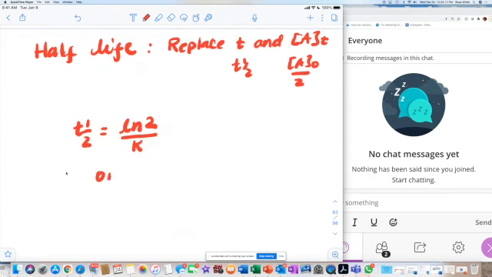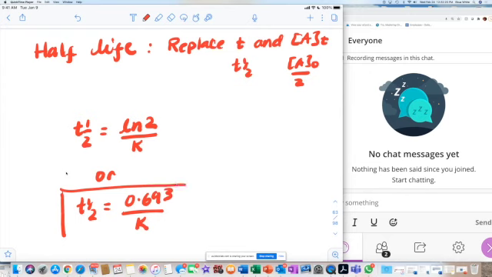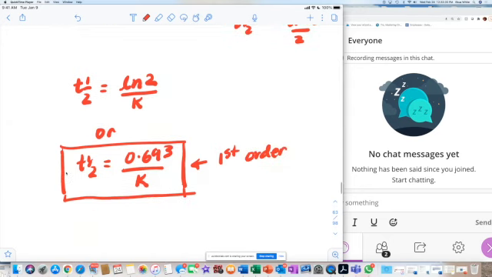This is commonly written as the half-life equal to 0.693 over k. So know this. Remember, this only works for first order. You want to know the half-life equation.